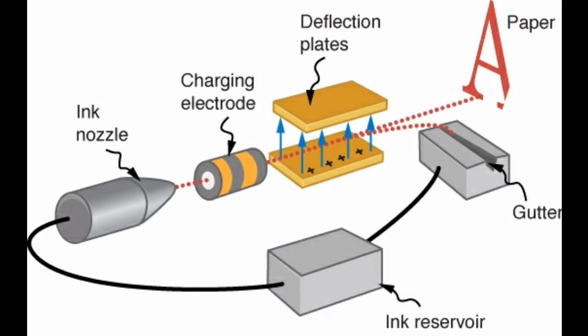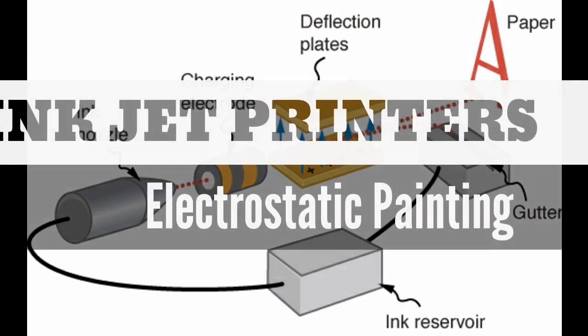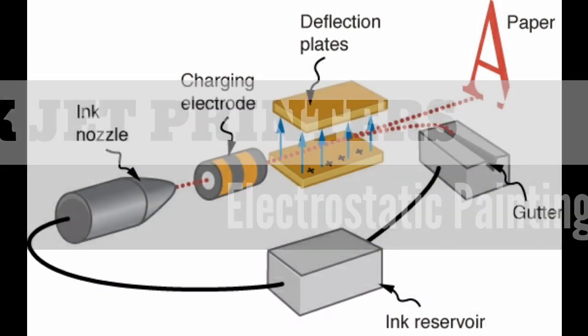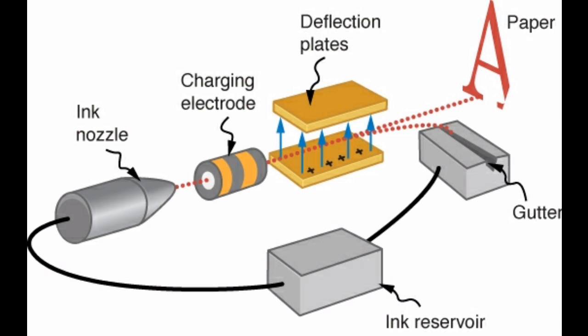The fourth application of electrostatics is inkjet printers and electrostatic painting. The inkjet printer, commonly used to print computer-generated text and graphics, also employs electrostatics. A nozzle makes a fine spray of tiny ink droplets, which are then given an electrostatic charge.